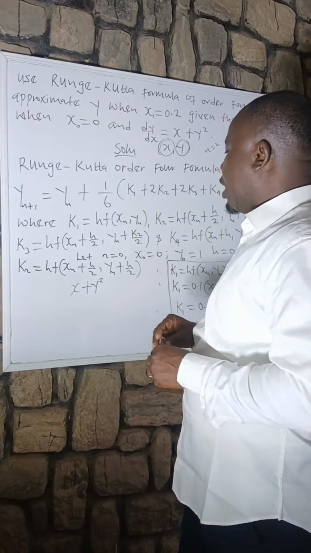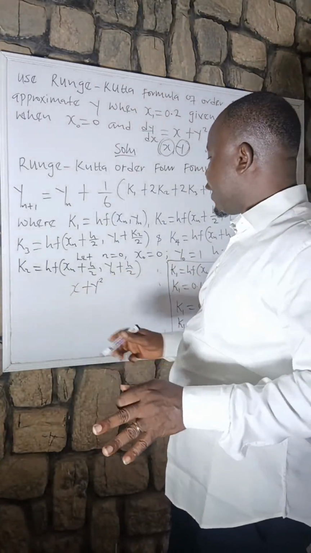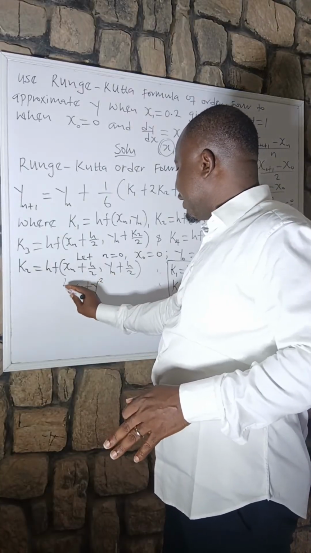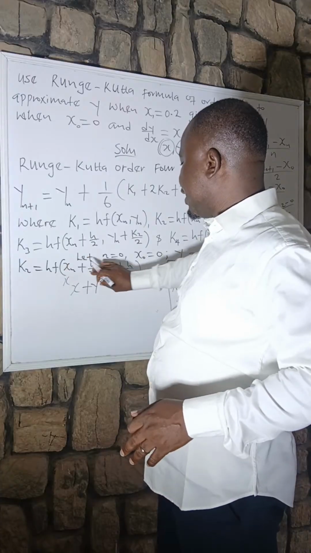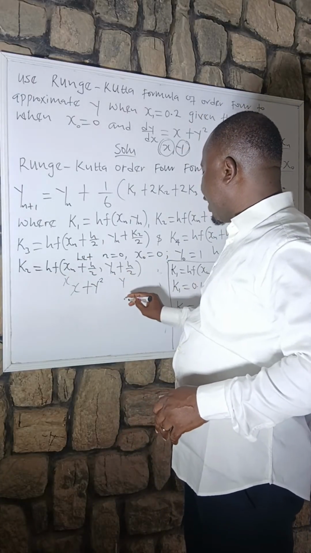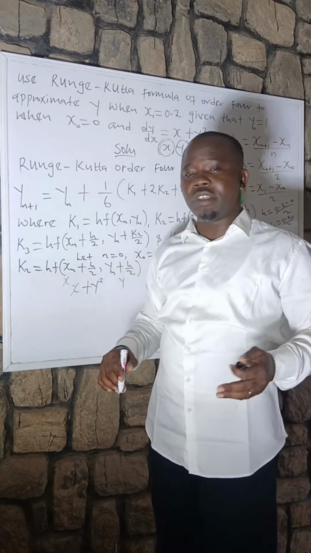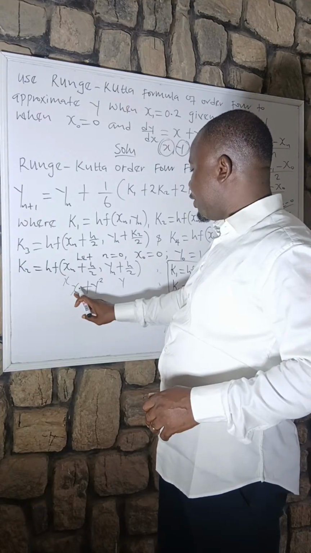Just like I said, the coordinate here is X, so any value you get here is X. Then any value you get here is Y.